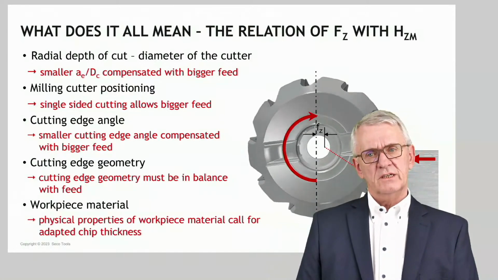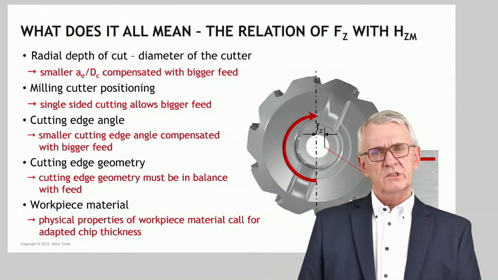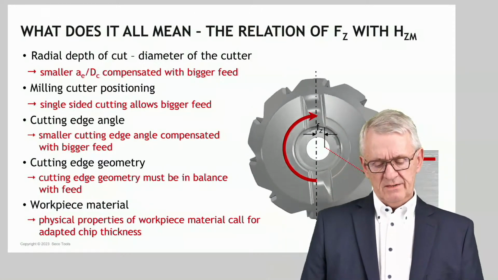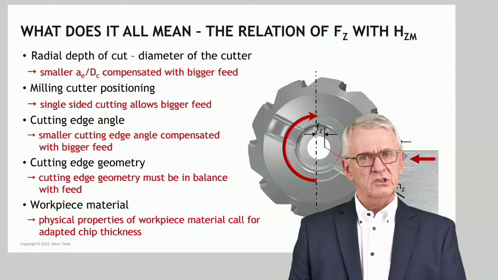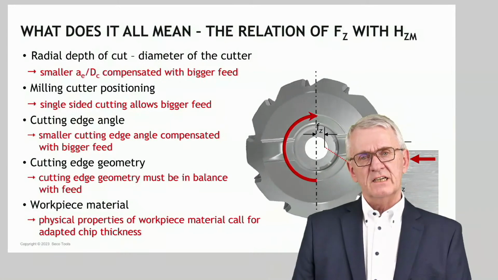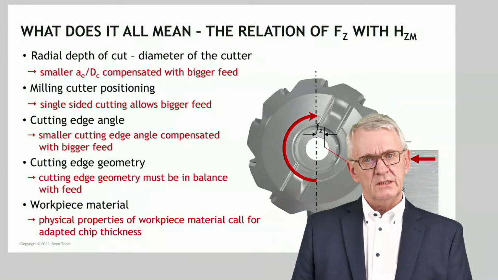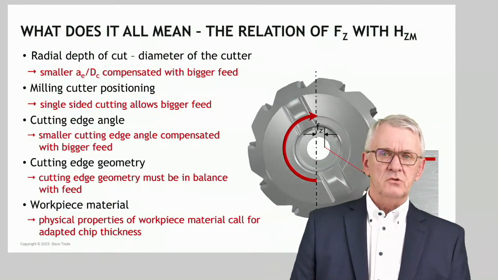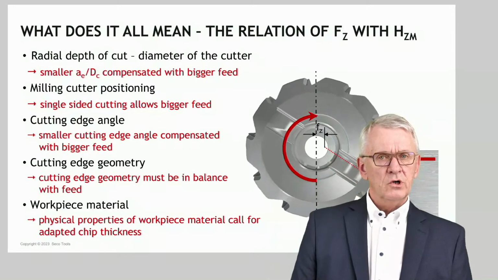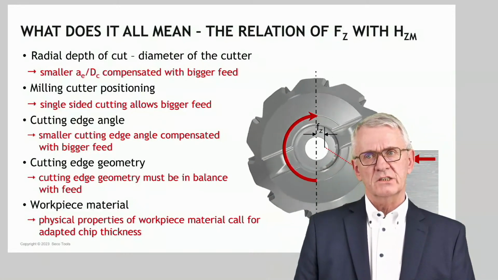In the end, depending on properties of workpiece materials, we have to be very careful with chip thicknesses, and that means also average chip thicknesses. On the one hand, that we don't have mechanical overload: chips should not be too thick. But on the other hand, that we don't have thermal overload: chips should not be too thin. So workpiece material properties play their role also in this comparison.